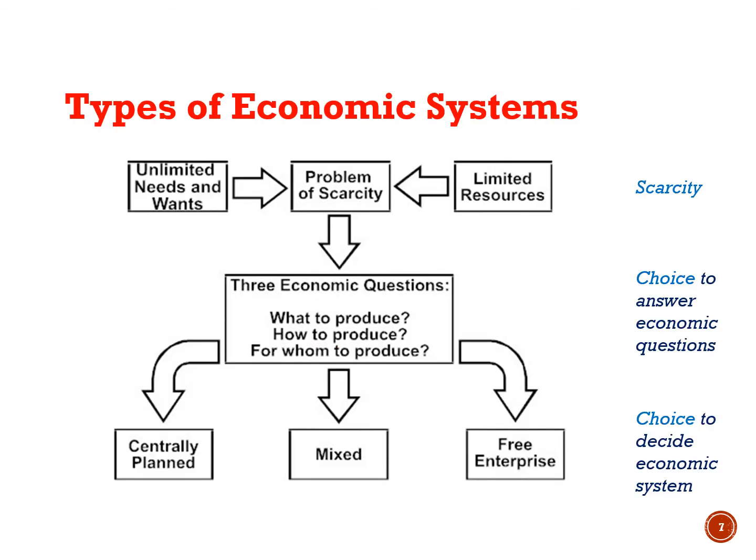At this stage, we have learned that limited resources are unable to meet unlimited human wants. Due to scarcity in an economy, people need to make choices in answering the three economic questions on what, how, and for whom to produce. The decision of answering these questions depends on the economic system that is selected by a nation.